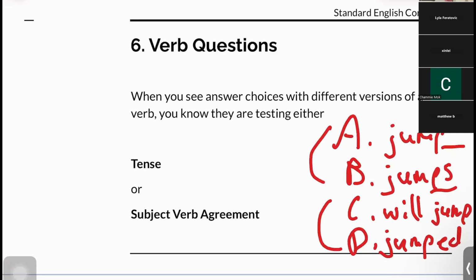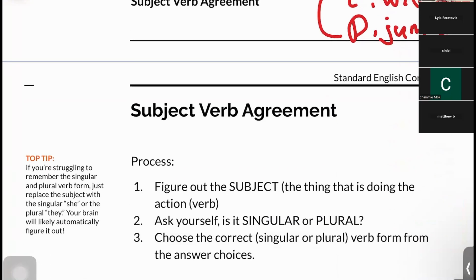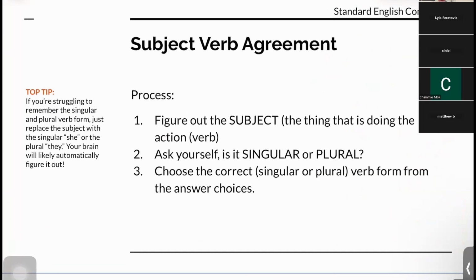So this is a kind of two-step process when you're seeing this style of question. You're trying to figure out what tense the sentence is in, what you need to do about that, and then also where your subject is and whether it is singular or plural. So this is the breakdown of it. What I recommend as step 1 typically is that you should figure out the subject.